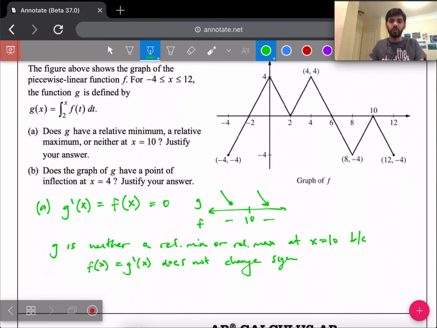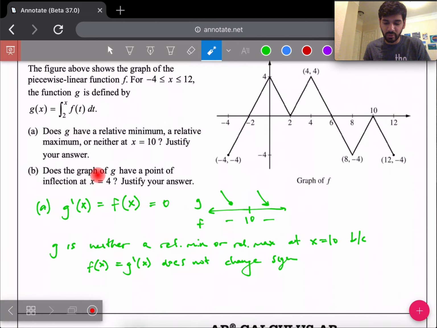We didn't have a sign change here, which means we can't have either a relative min or a relative max. If there was a sign change, then depending on whether it's positive to negative or negative to positive, it would be relative min or relative max depending on that. Okay, so there's part A.